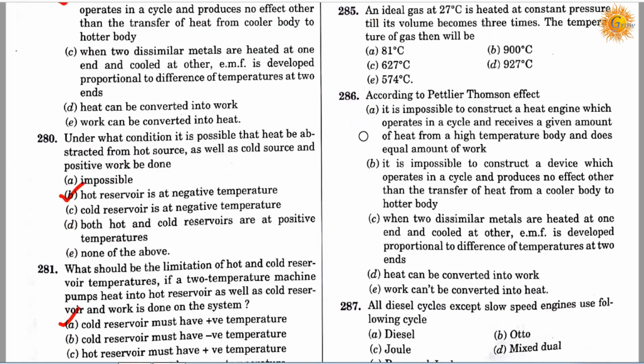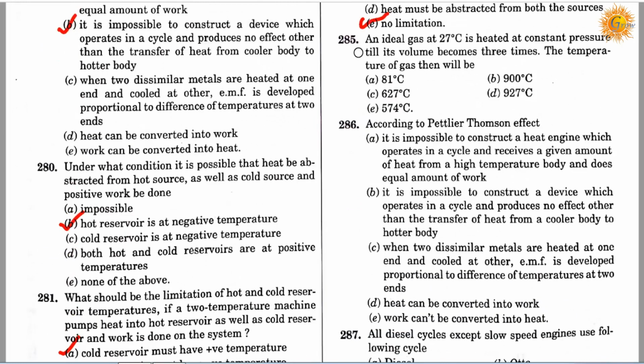Question number 285. An ideal gas at 27 degrees centigrade is heated at constant pressure till its volume becomes 3 times. The temperature of the gas then will be: option A, 81 degrees centigrade.